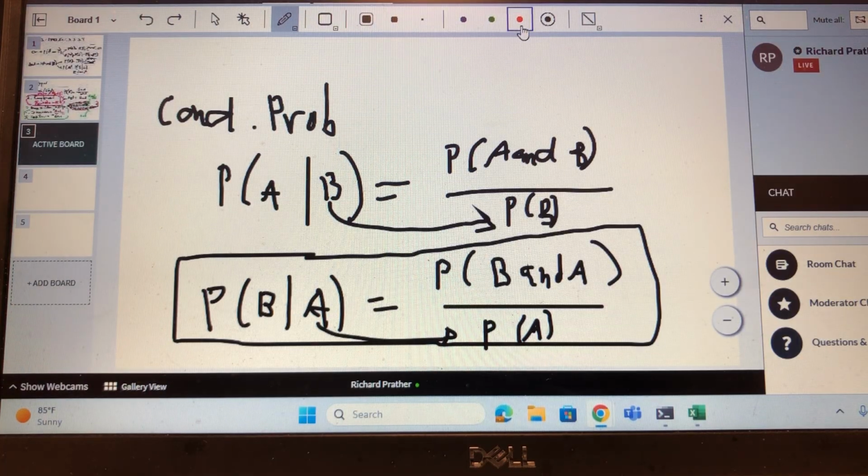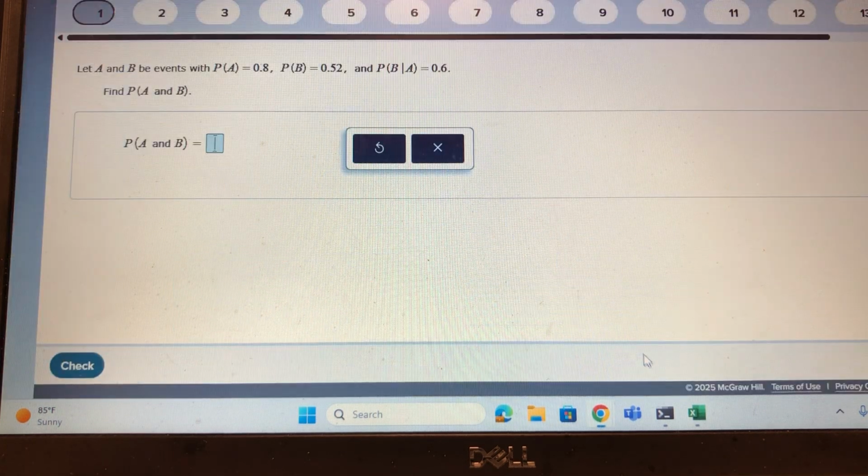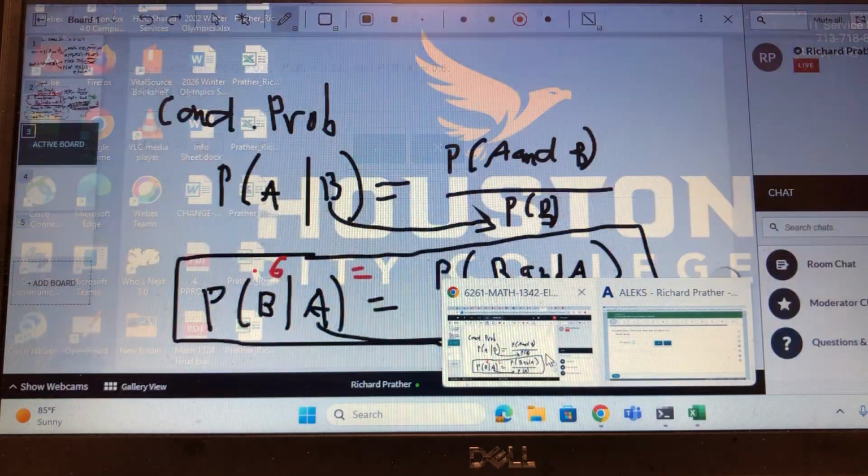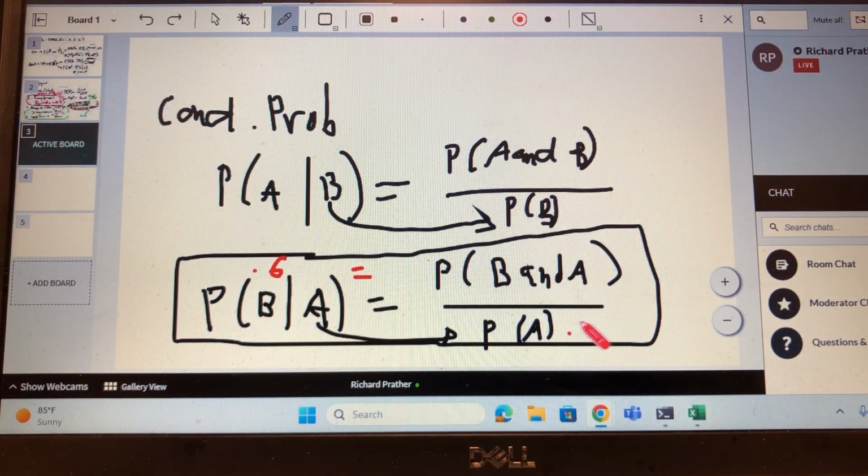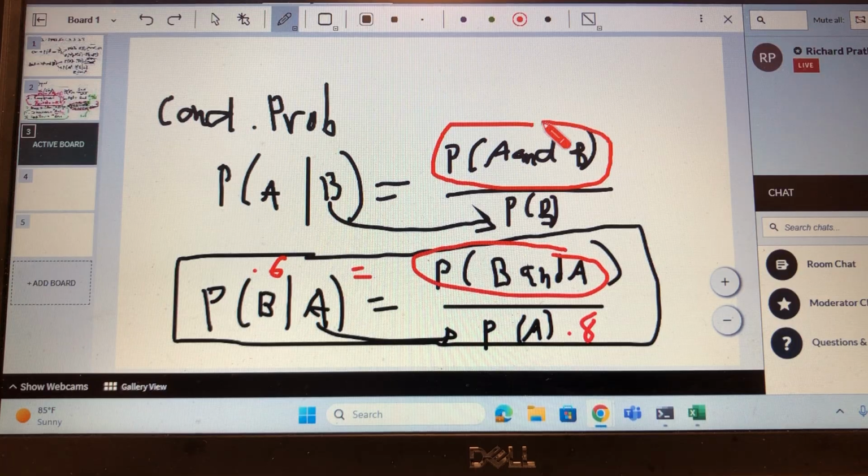So I can put that right in the answer slot, 0.6. And we know the probability of A is 0.8. That's the denominator. And we're looking for B and A, because B and A is the same thing as A and B. That doesn't really matter.